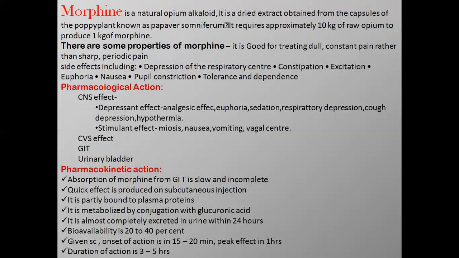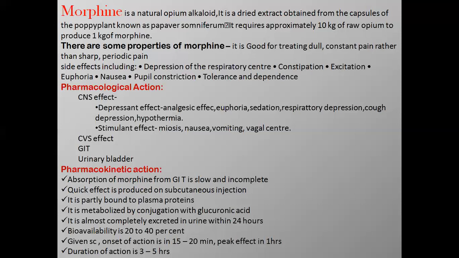Regarding the pharmacokinetics of morphine, the absorption of morphine from the GIT is slow and incomplete. It has a quick effect when given by subcutaneous injection only. It is partly bound to plasma protein.